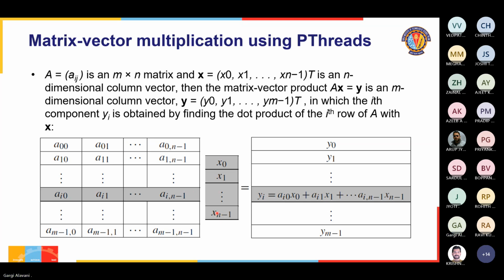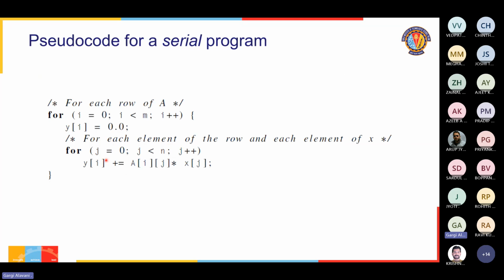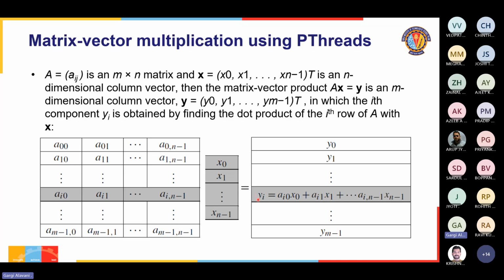That's why we need this plus sign, which means that y of i is equal to y of i plus this value. So the sum will keep on adding to this y of i, which will eventually give us the value of y of i.